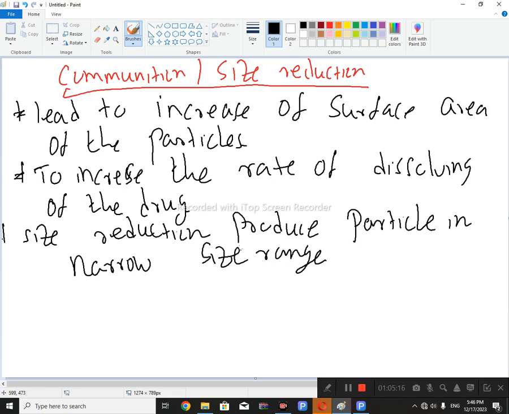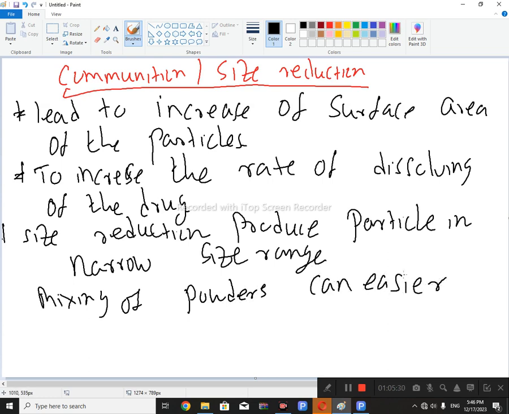Mixing of powders is easier for a narrow size range.